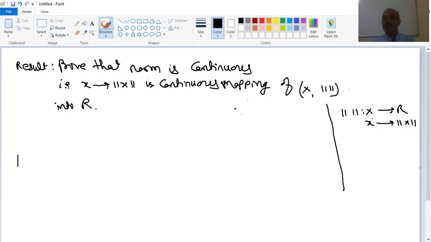So we have to show that this norm is continuous. Norm is continuous means that, taking a sequence xn, as xn converges to x, that implies norm xn converges to norm x. This we have to show.